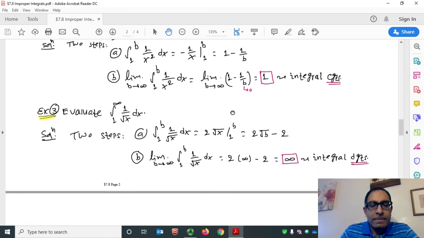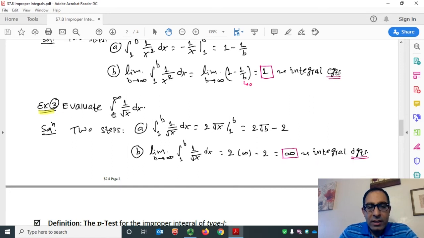Let's do example 3. Evaluate the improper integral of 1 over radical x from 1 to infinity. So again, truncate at a finite number, compute the definite integral, then take the limit. That's the idea. So part A, the definite integral of 1 over radical x from 1 to b. Take radical x to the numerator, so this becomes x to the power negative 1/2.